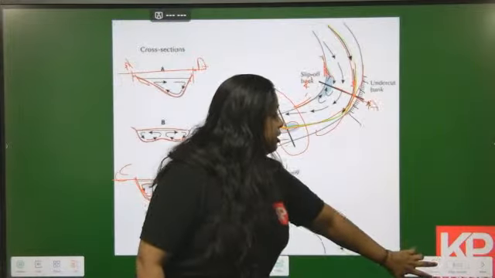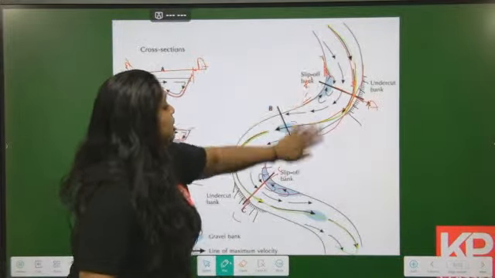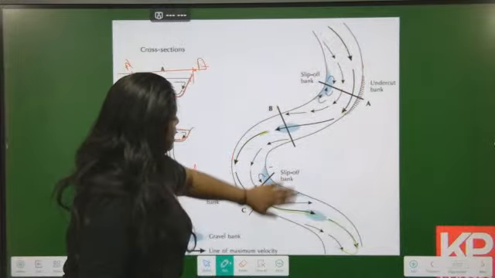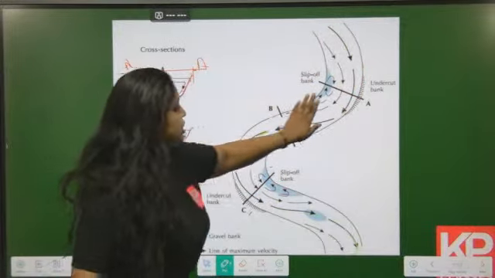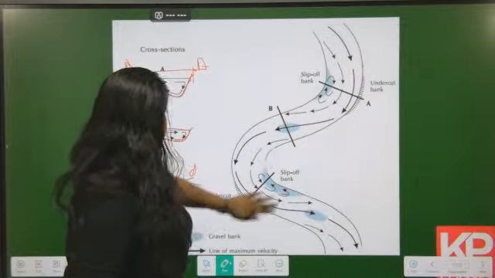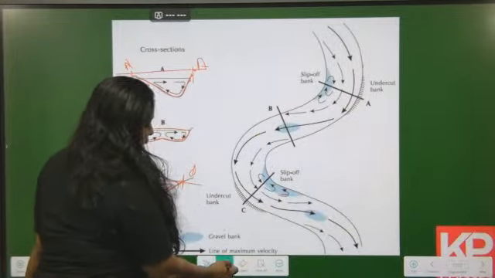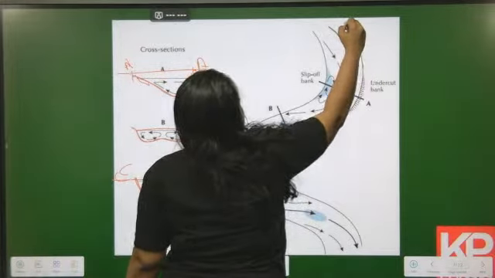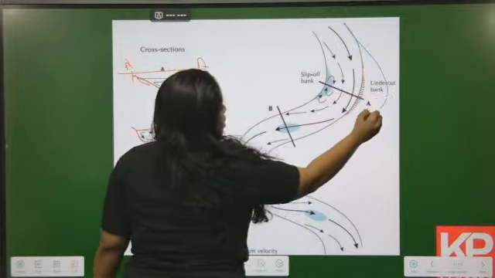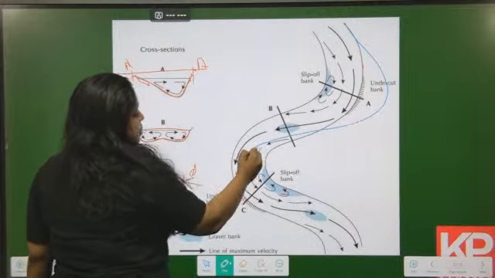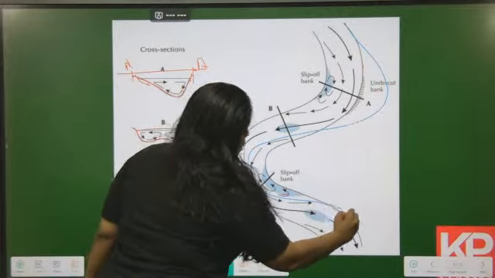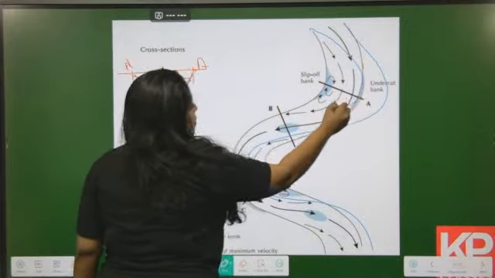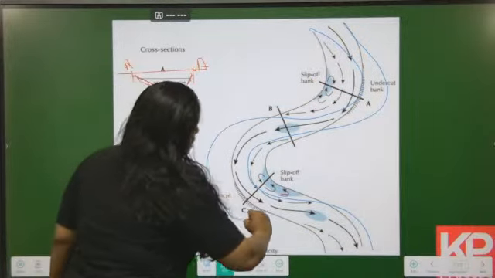So in a topographical view, at time t naught the channel is at this particular location. At time t1, the channel will have completely migrated, with more erosion on this side and more deposition on this side. This is how the bank looks. Here more deposition happens, and more erosion takes place over here.